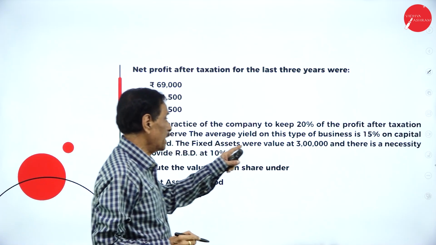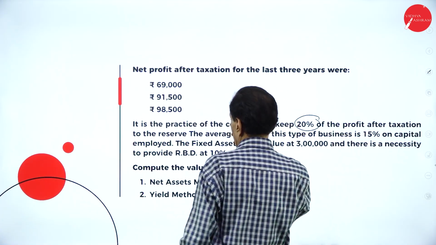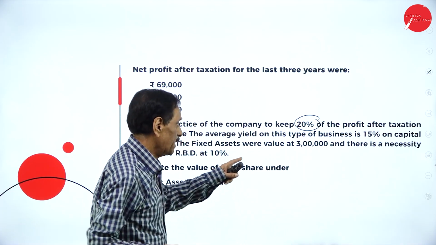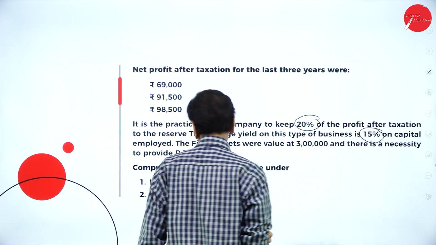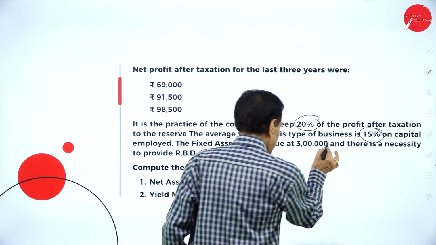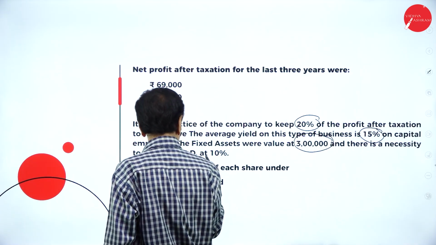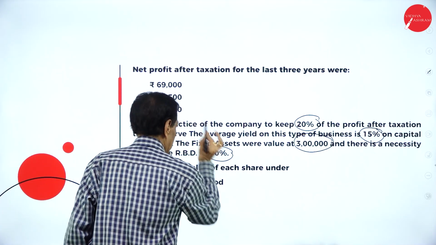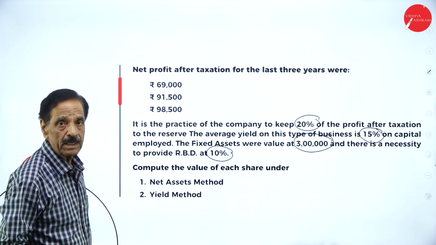It is a practice of the company to keep 20% profit after taxation to the reserve. The average yield in this type of business is 15% on capital employed. The fixed assets were valued at 3 lakh, and it is necessary to provide RBD at 10%. Compute the value of each share under net asset method and yield method.